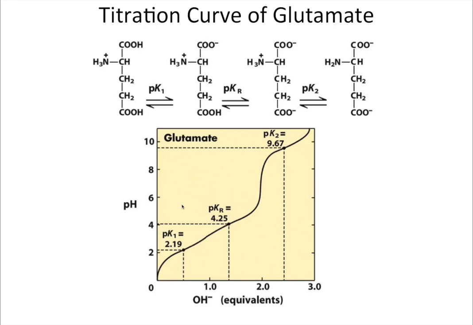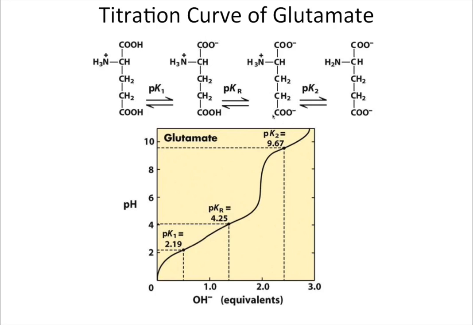That's what's happening in this first area, and there's the first pKa value of 2.19 corresponding to that process. Then we continue to add base, and eventually this one is already deprotonated up here.